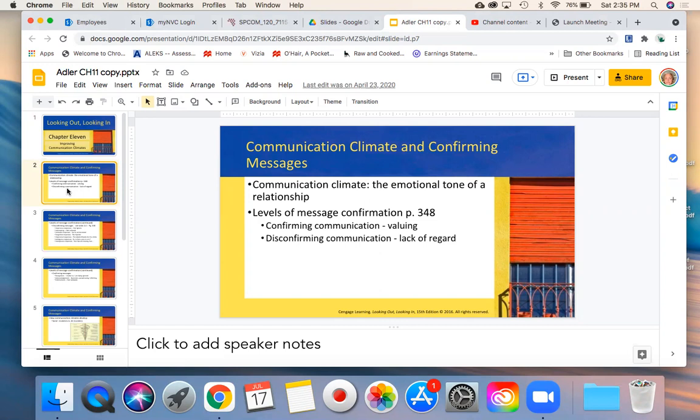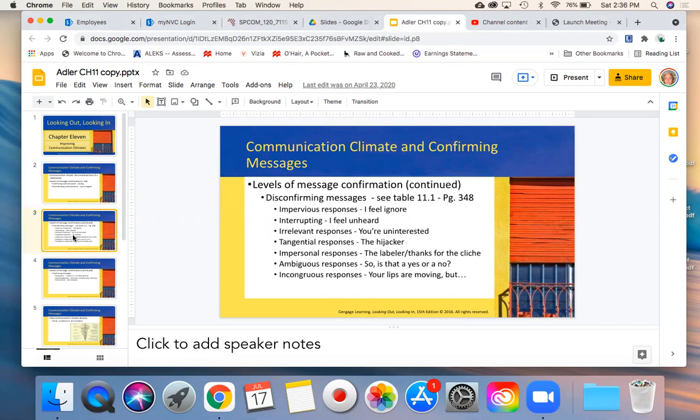And disconfirming messages pretty much say, I don't care, I don't like you, or you're not important to me. So those are the differences between confirming and disconfirming messages. But these also can be described in levels, these levels of message confirmation, and that's on 348. We're going to go through those right now.